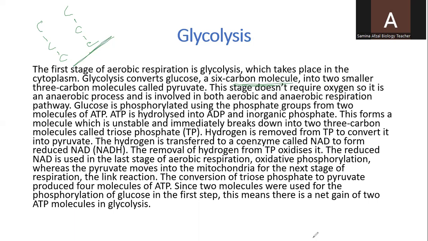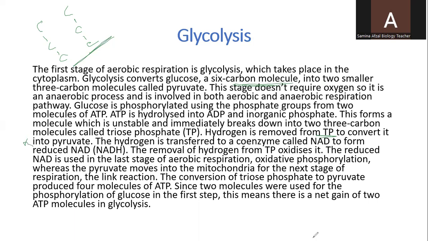Hydrogen is removed from triose phosphate to convert it into pyruvate. The hydrogen is transferred to a coenzyme called NAD to form reduced NAD, or NADH.